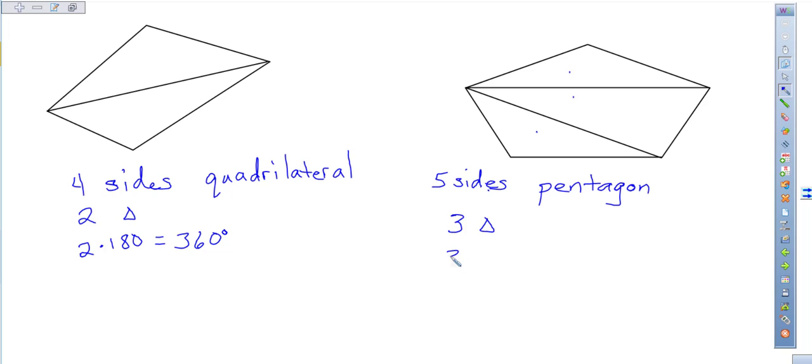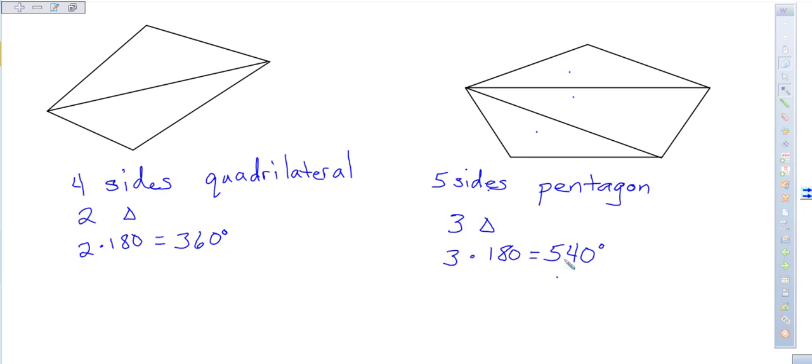So that means I'm going 3 times 180, and that equals 540 degrees. Whoa. 540 degrees. Okay.